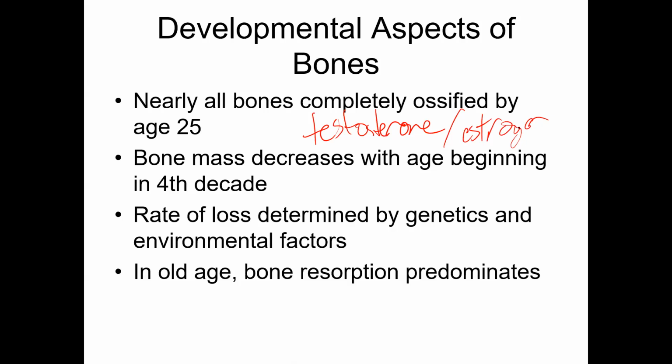And with women at menopause, there's no more estrogen. So now you can't pay it back, but you keep borrowing it. Testosterone levels will go down with age, but not nearly as dramatically as estrogen levels. So we see this bone loss that occurs as people age.